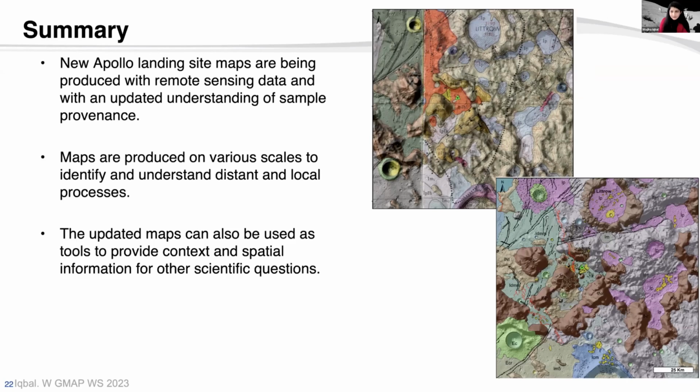And we are not only answering questions with these geological maps. We are also opening new questions about the nature of the area, and we are still learning more and more about the processes on these planetary bodies, which are used to update these geological maps, which we will create and which have already been created.